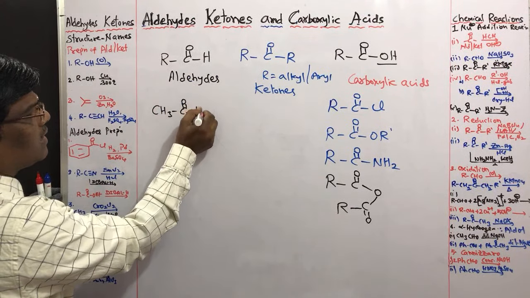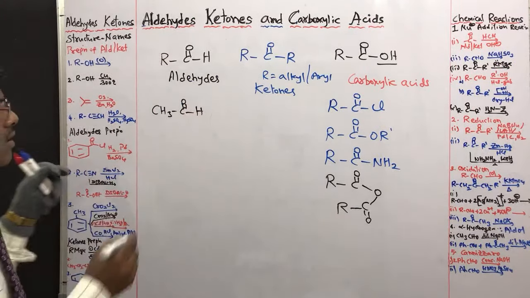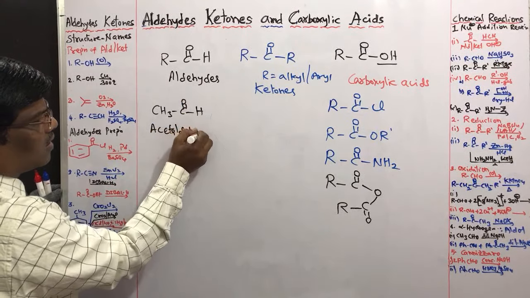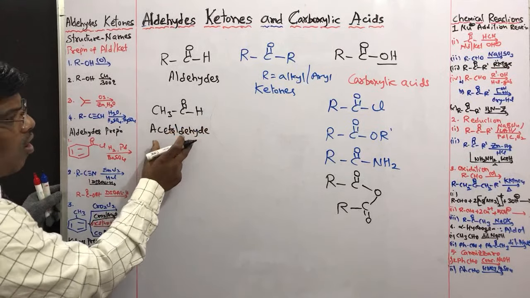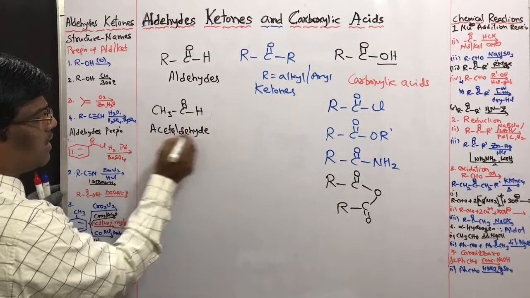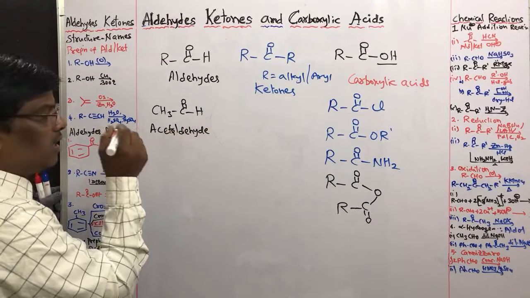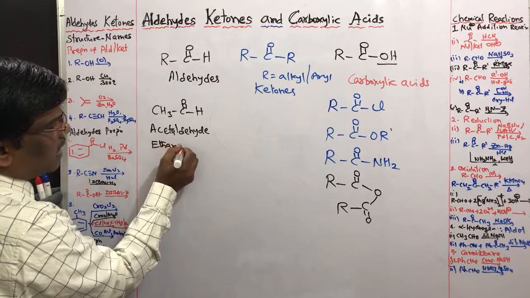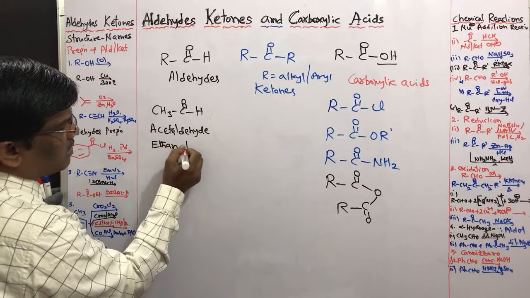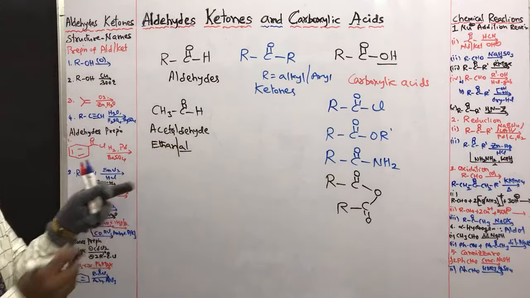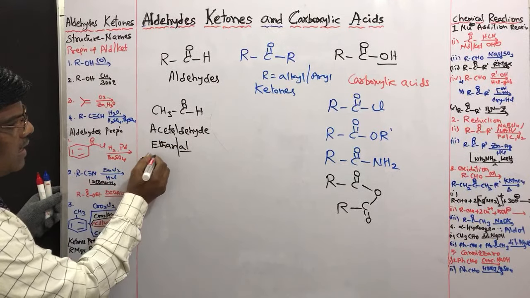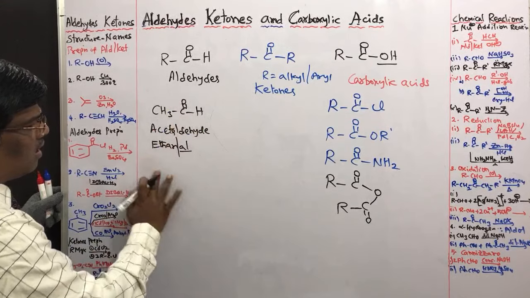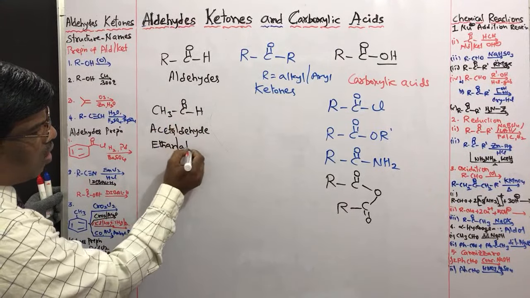this is acetaldehyde, and its common name is acetaldehyde. When it comes to IUPAC nomenclature, it is named ethanal. So in place of the alkane, where you would write ethane, you have to add -al.